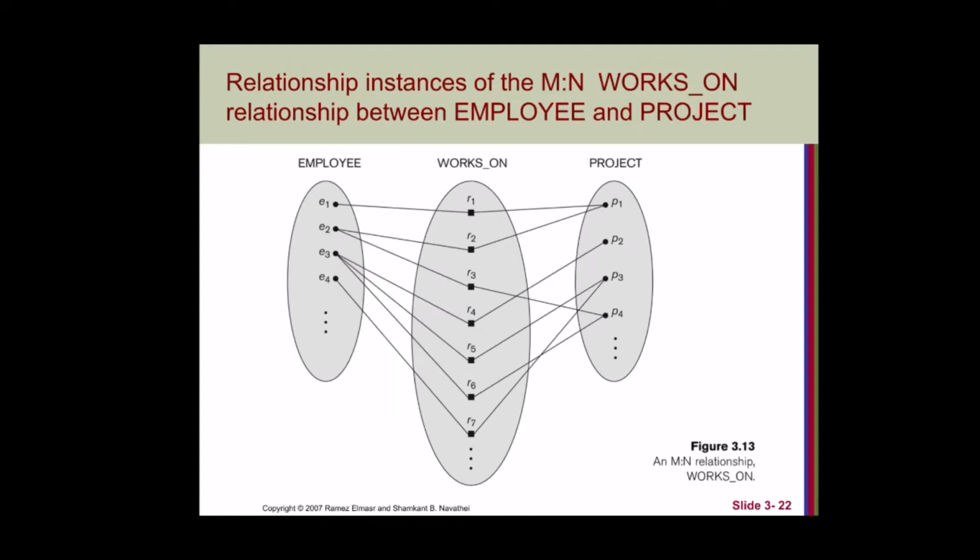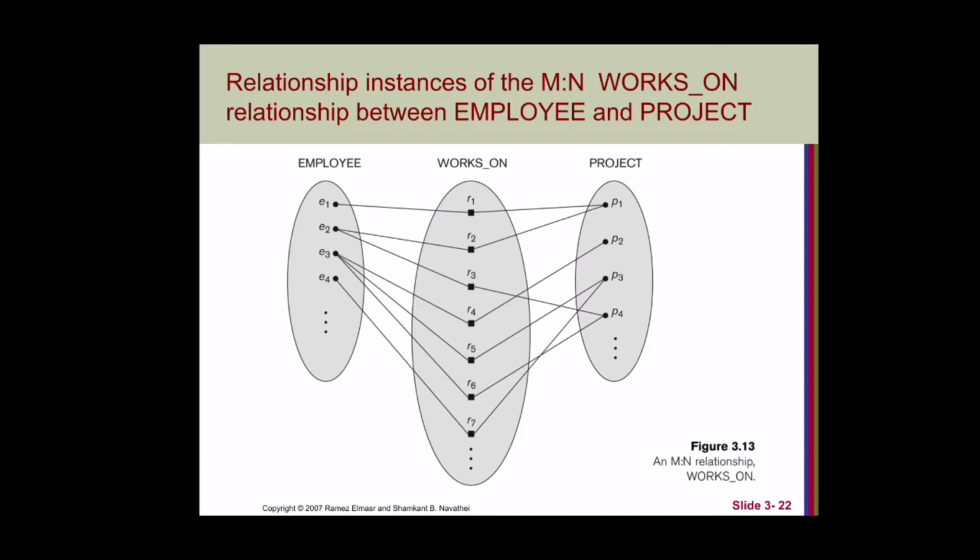This is an example of an m is to n relationship because of the requirement we gave the database designers: m number of employees can work for n number of projects. That is, if employee E1 is working for project P1, it is not restricted that he should not work for any other projects. Consider employee E2.